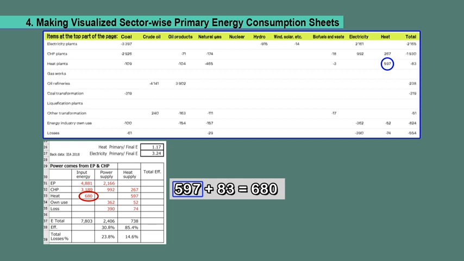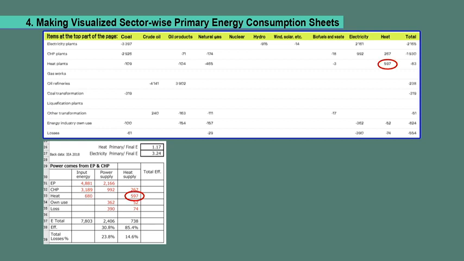Next is heat plants. Heat generated is 597. Losses from conversion is 83. The input is the sum of 597 and 83. The heat supply is 597.